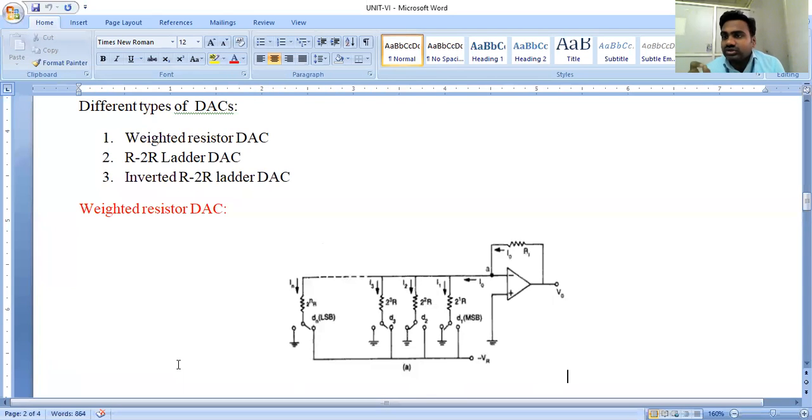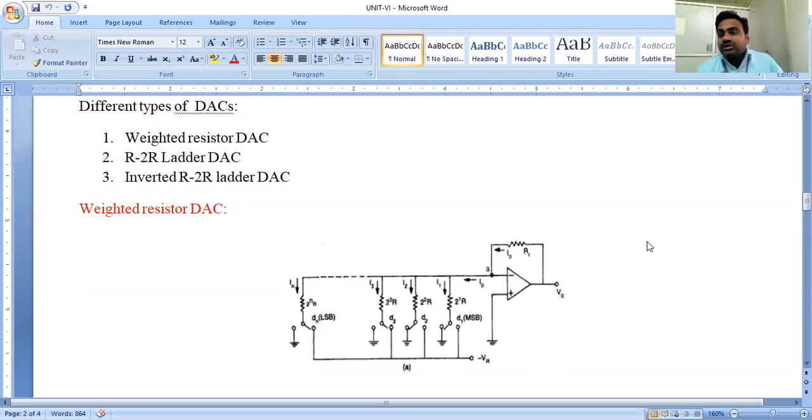Our objective is to convert a digital binary signal into an analog pulse. It may be converted into a voltage quantity, or into a current quantity. The first configuration is the weighted resistor type digital to analog conversion.